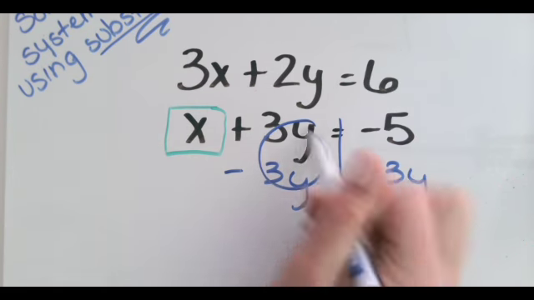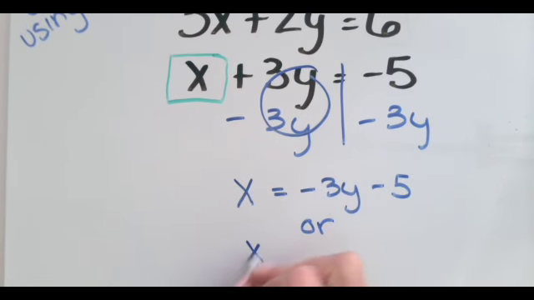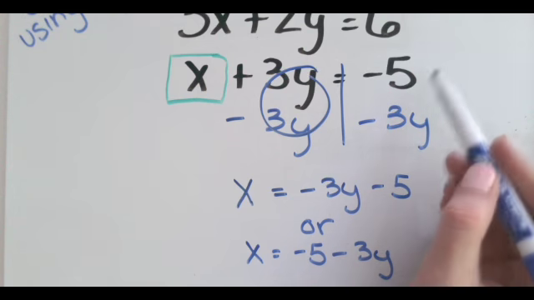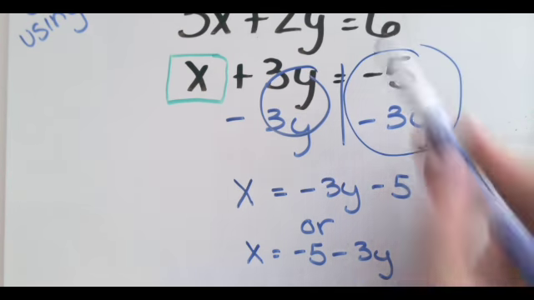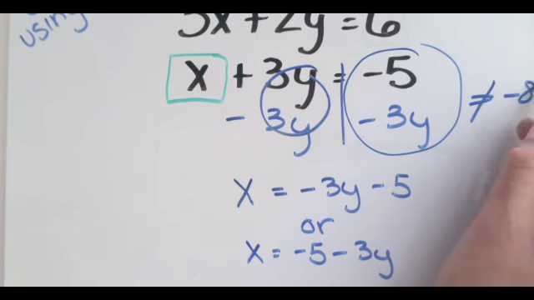So this zeroes out, I'm left with x by itself, and x is equal to negative 3y minus 5, or I can say x is equal to negative 5 minus 3y. Both are correct. It doesn't matter which one you use. I just have to remember I can't combine those two and get negative 8y.